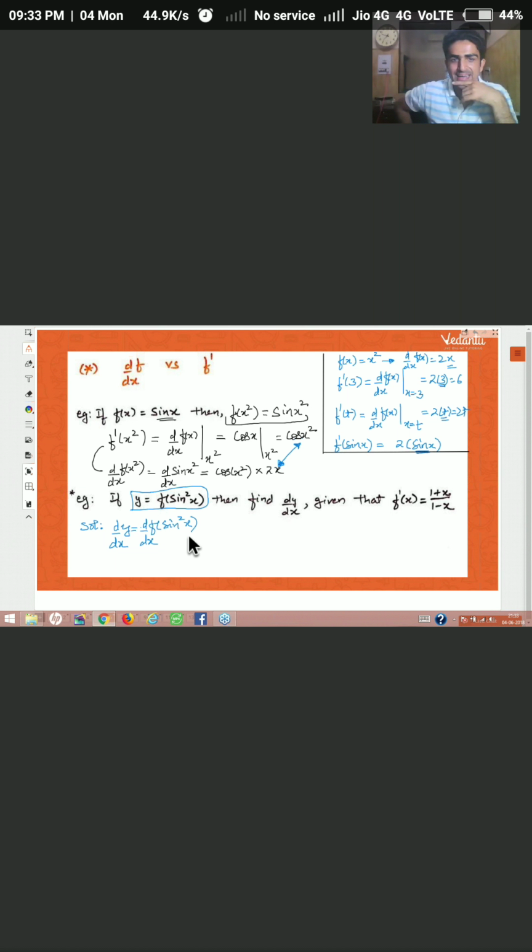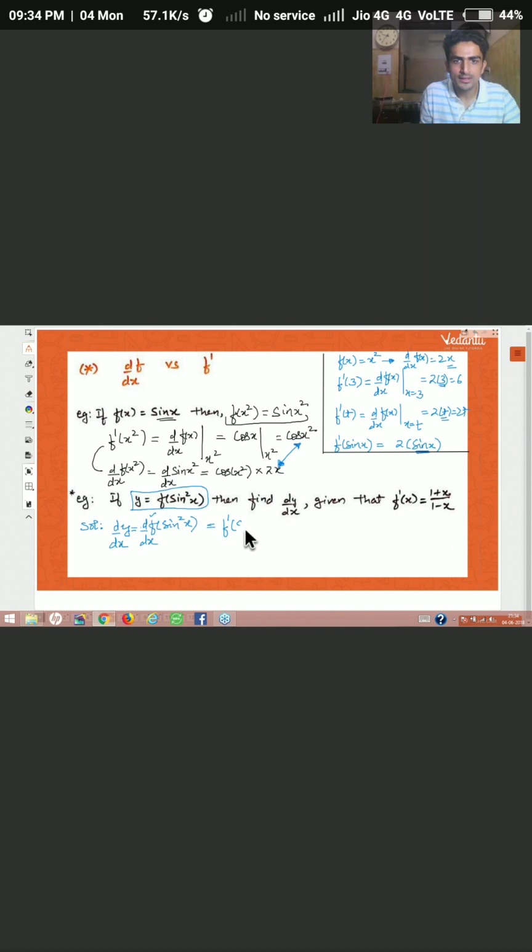Okay, guys, somehow this sine square x is troubling me. Had it been x, I am happy. But it is sine square x. We apply chain rule. Just see. First differentiate f, keeping the inside term the same.